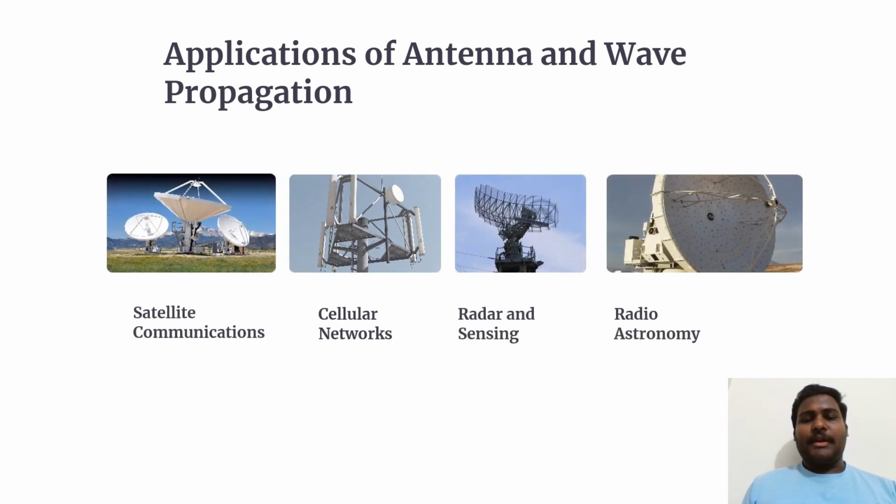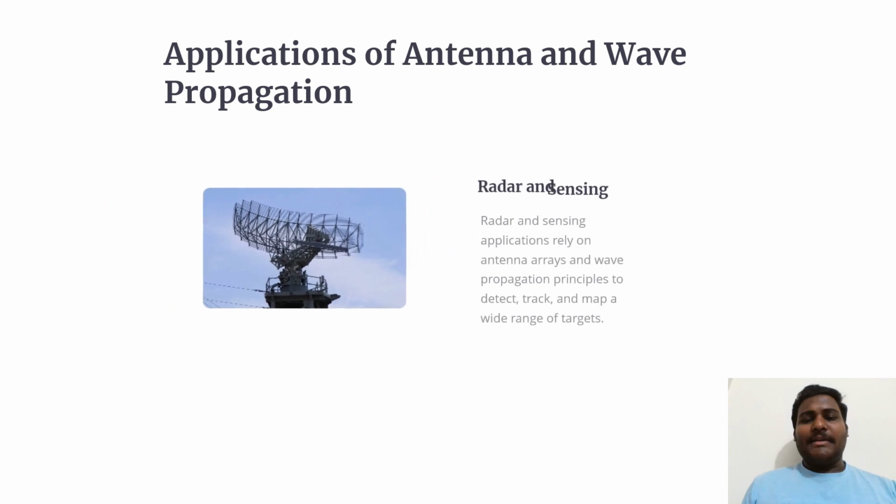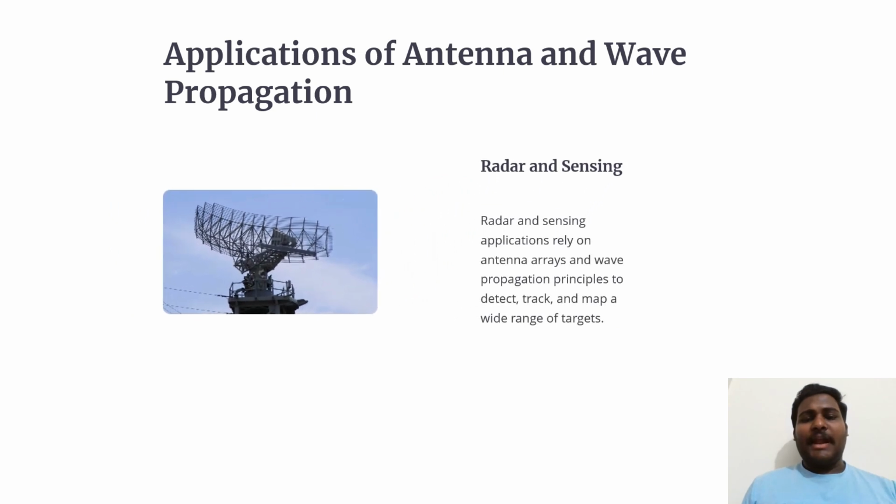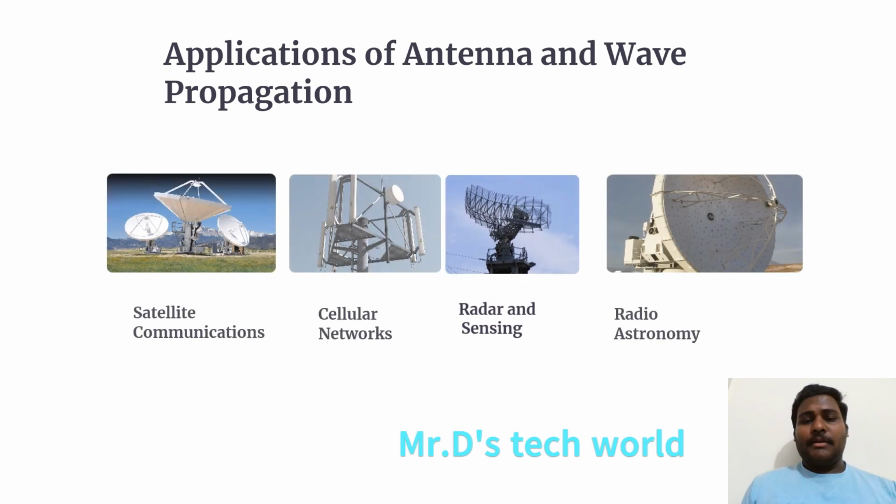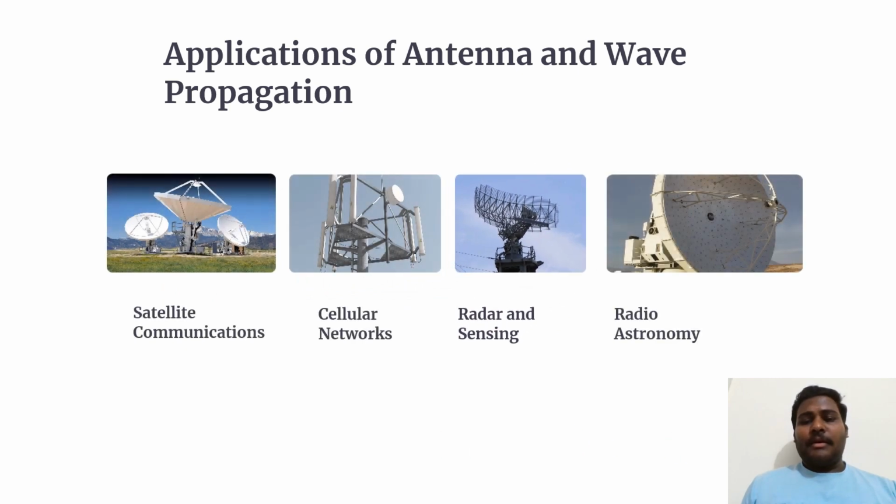Going on to radar and sensors. Radar and sensor applications rely on antenna arrays and wave propagation principles to detect, track, and map a wide range of targets. Radio astronomy.